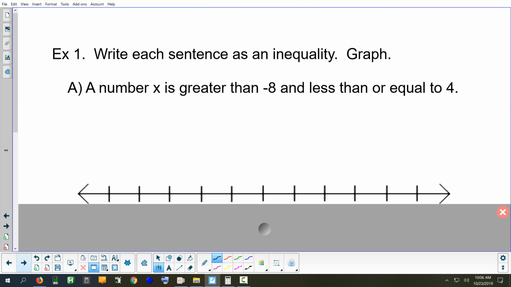Okay, so example 1. You guys already have it written. It says a number x is greater than -8 and less than or equal to 4. So let's start with this part. X is greater than -8. So you've got x. Which way does greater than point?